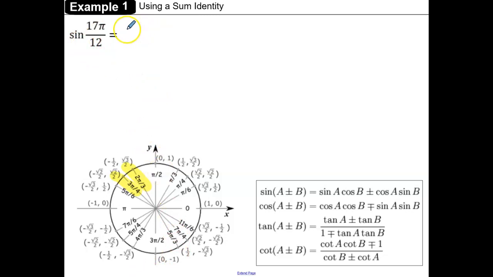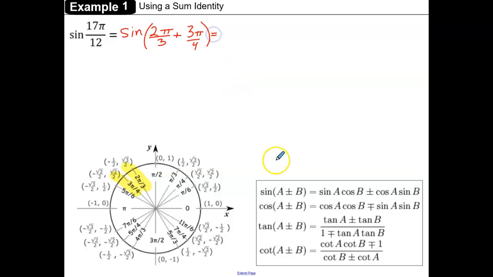So this is going to become the sine of 2 pi over 3 plus 3 pi over 4.